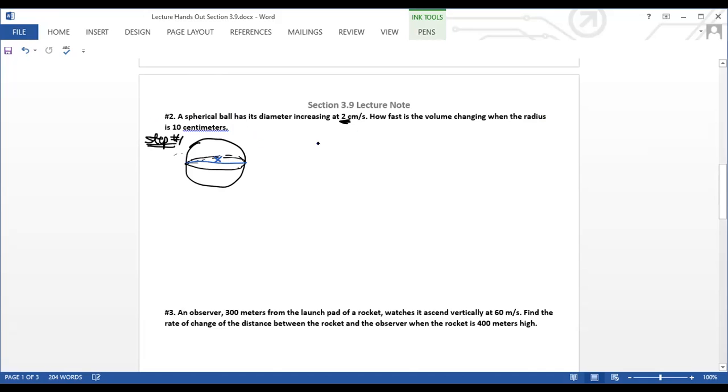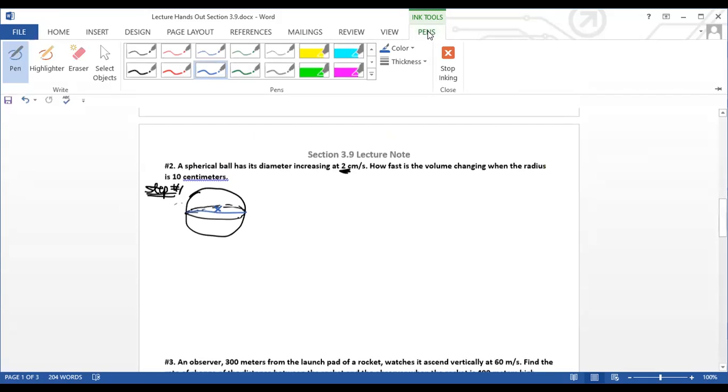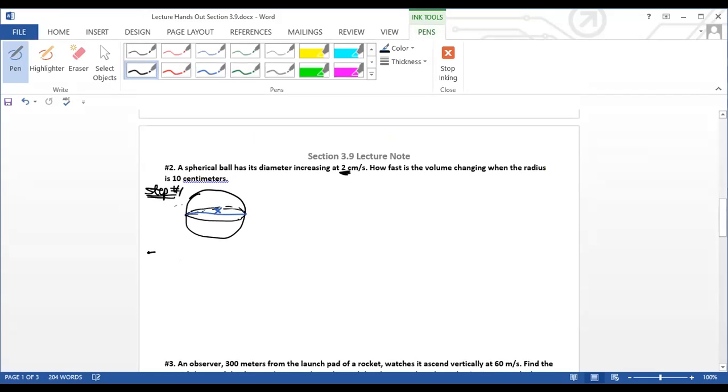That's what the picture looks like. Step number 2 is to give all the unknowns. Here I only have one kind of variable, so I will say x is equal to the diameter.